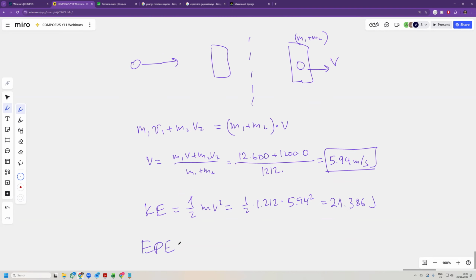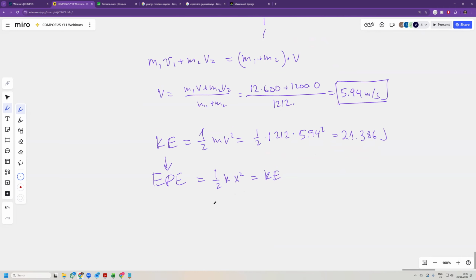So the block moves with kinetic energy, and then it stops when the spring is compressed. So the kinetic energy goes into elastic potential energy. So the elastic potential energy is 1/2 k x squared, which must equal the kinetic energy.